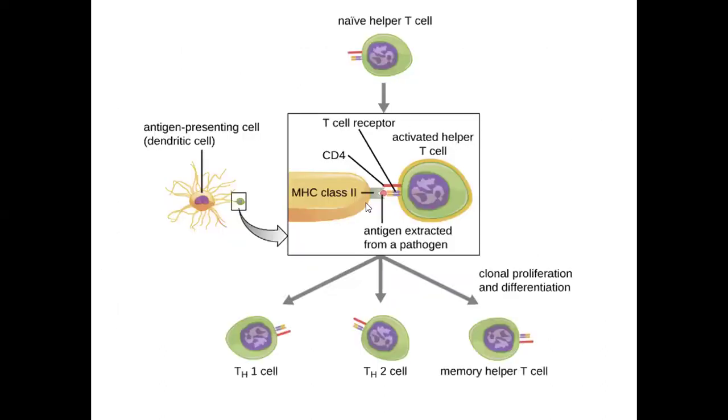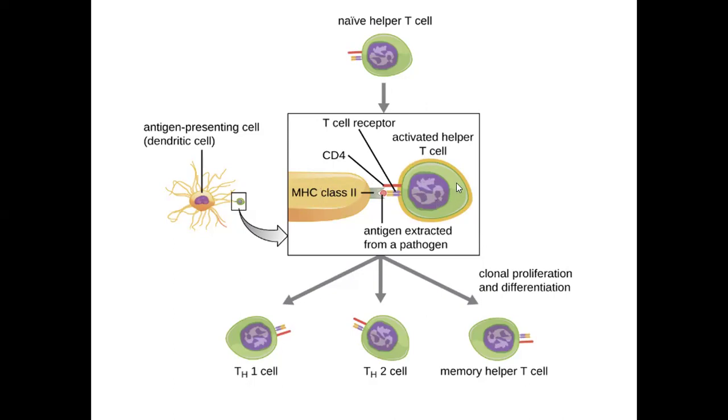Look here. This is the antigen presenting cell. It catches some new pathogen, destroys it, and puts its epitope onto the MHC class II molecules. And then it goes to find a T helper.